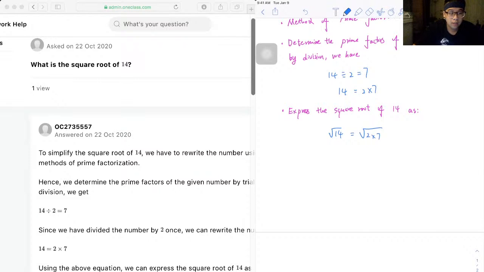And now we observe that none of the factors can be pulled out of the square root, which means the radical expression cannot be simplified.